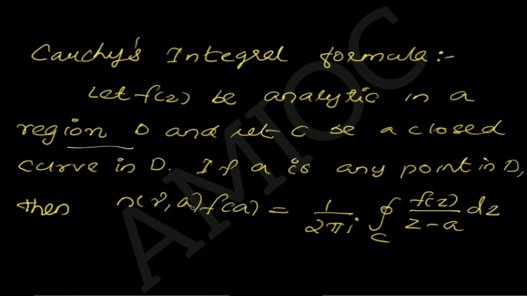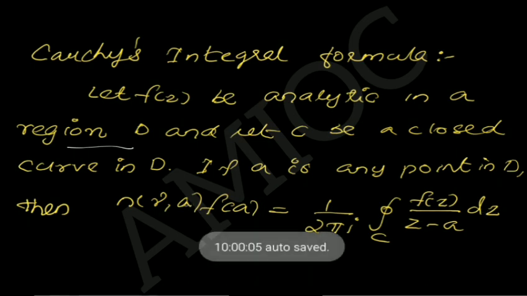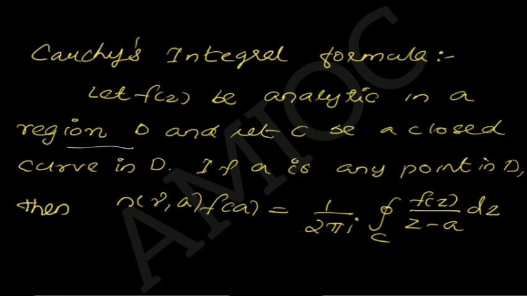Here n(gamma, a) means the winding number of a with respect to gamma, and the contour integral of f of z by z minus a dz will be equal to 2 pi I into the winding number into the function value of f at a.